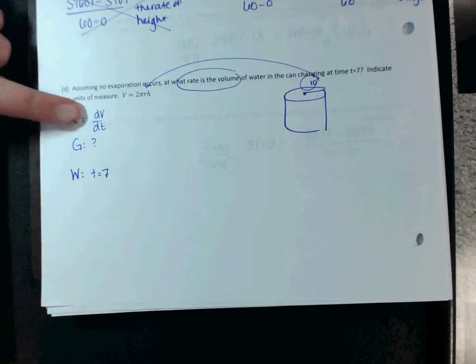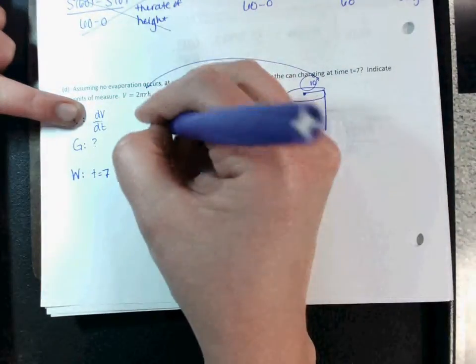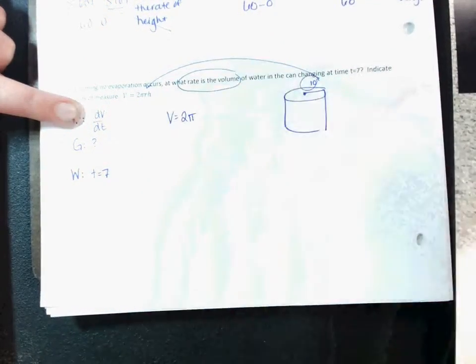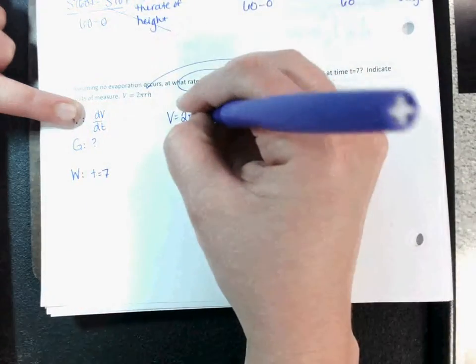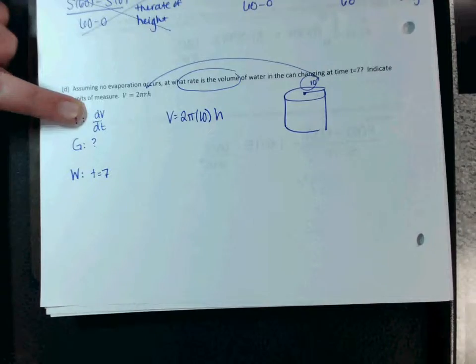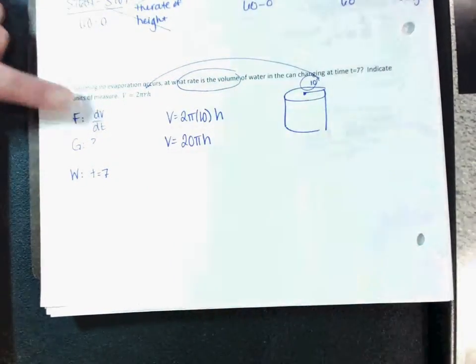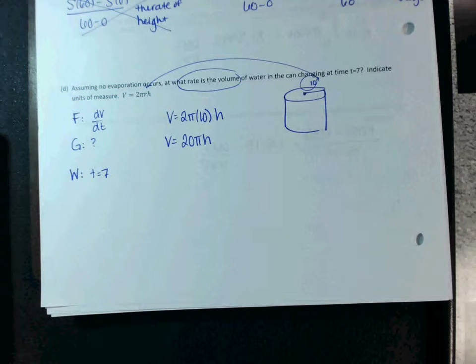So, before the derivative we're plugging in, it'd be 2 pi, what's my r? 10. And then h. Well, 2 pi times 10 is really 20 pi h, and now I'm going to take the derivative. But remember, why can I do that before I take the derivative?